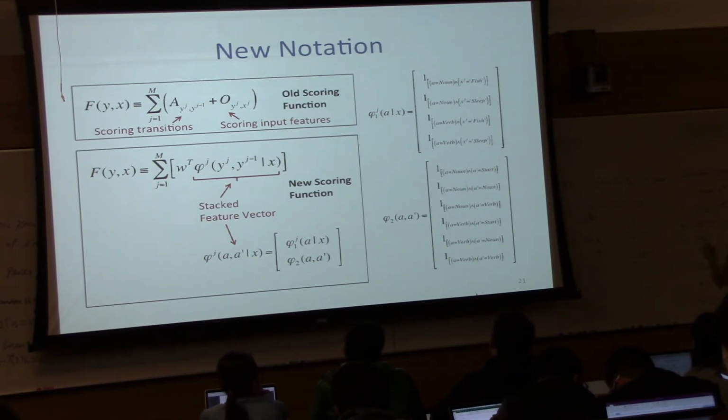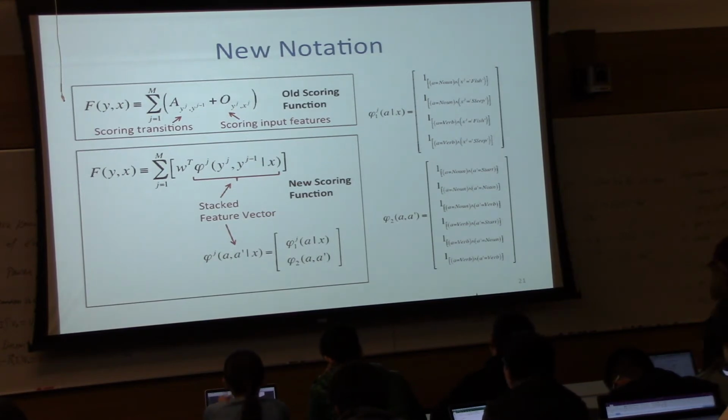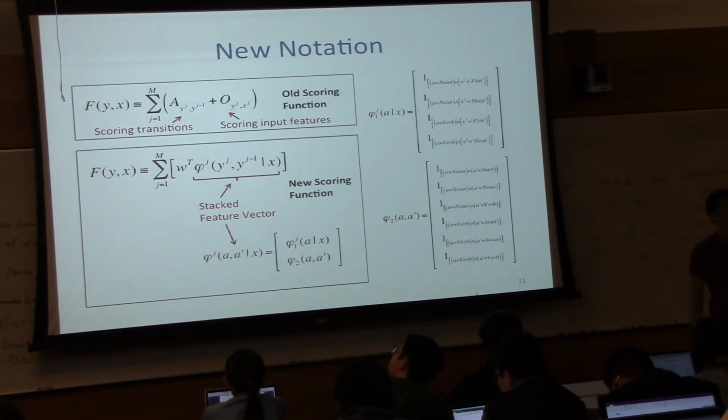It's just how you construct that feature vector that defines the linear scoring function. Any linear scoring function can be written in this form for some definition of phi. Because a linear scoring function, by definition, is a linear summation of your model parameters times some coefficient. Right?